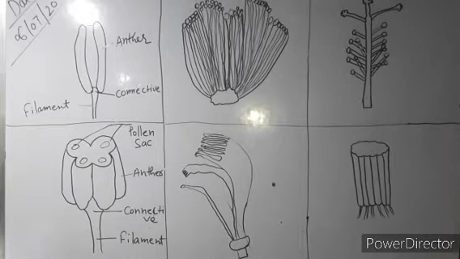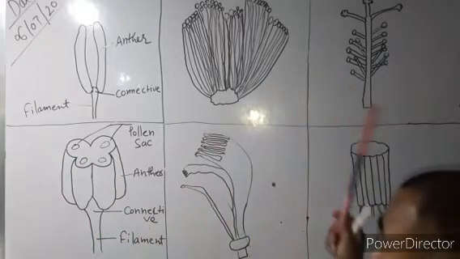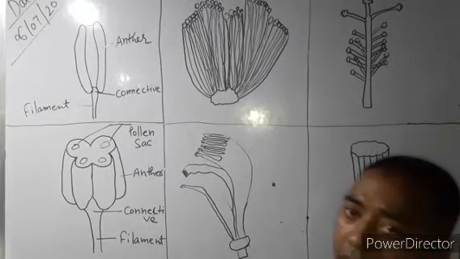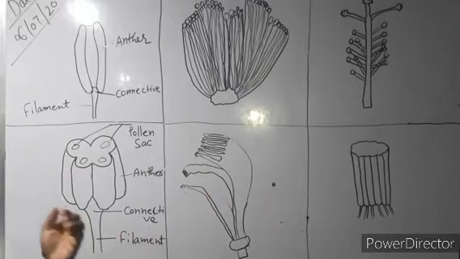Apart from that, the positions of stamens also vary in a flower. I am showing the various positions of stamens in a flower, and I will tell you the names one by one. First, the stamens may originate near the base of the pistil, or the anthers may be fused at their base with the petals.